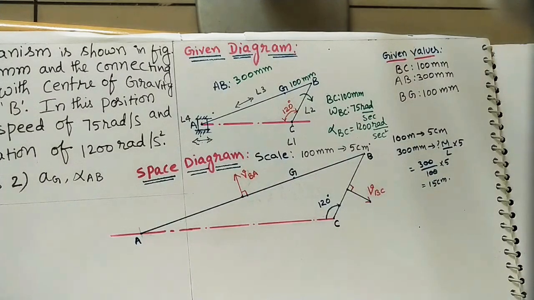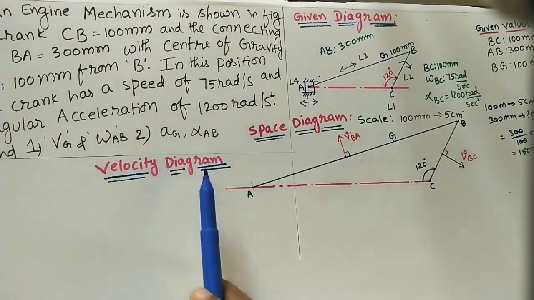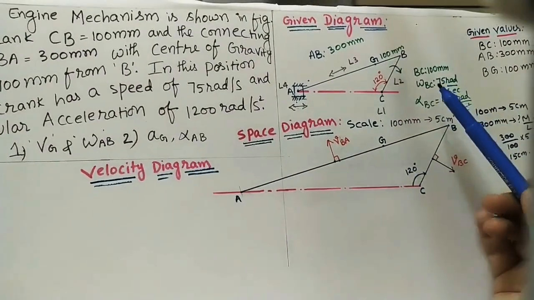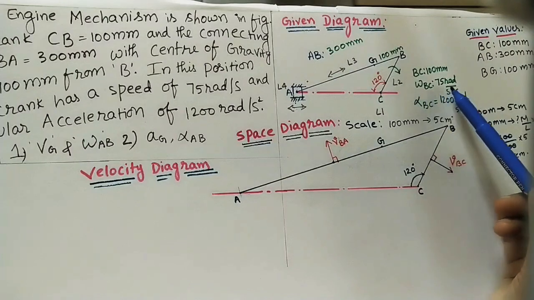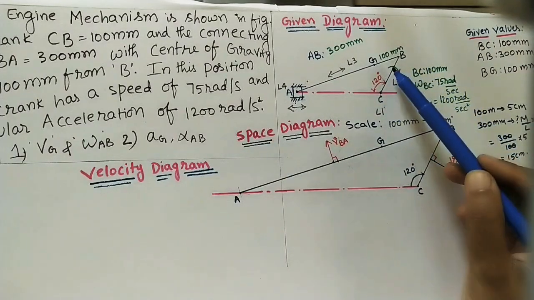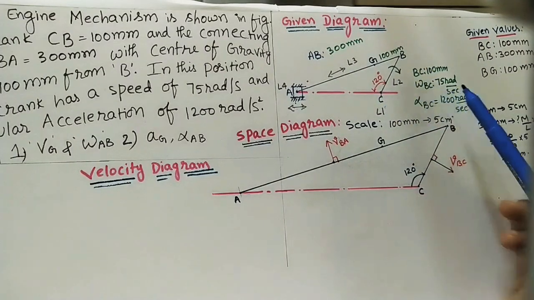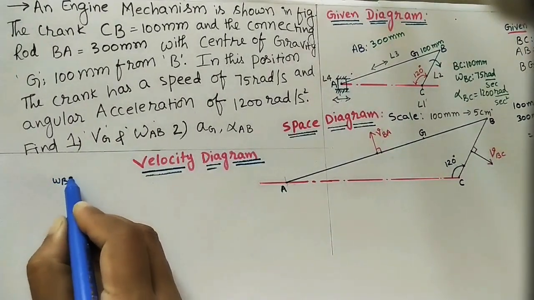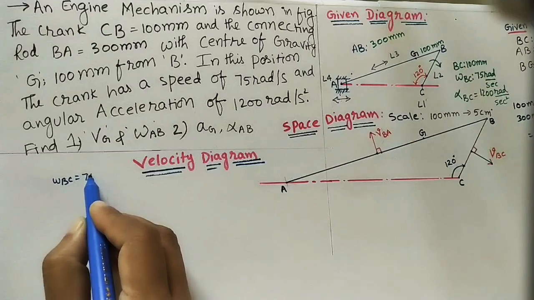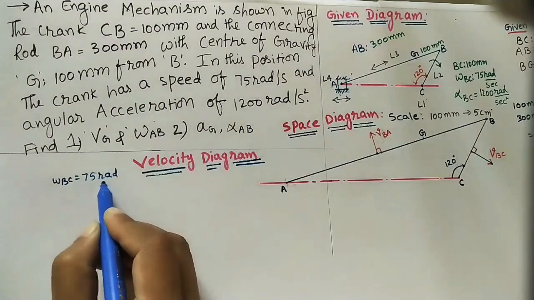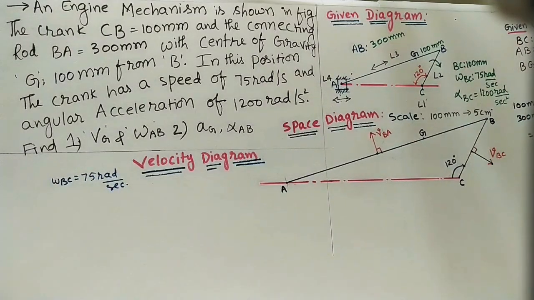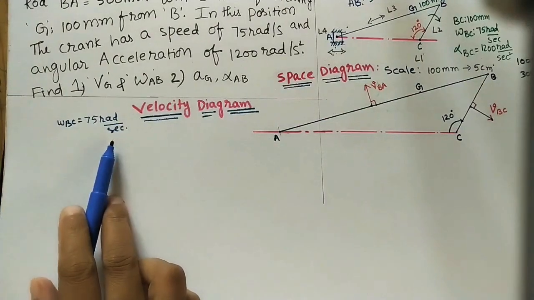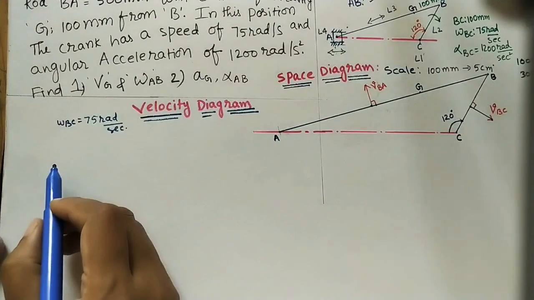Let us do the velocity diagram. Before doing this diagram, first take what is the given data. Any velocity values are given. Here angular velocity of BC is given and it is moving clockwise. So write down whatever values. Omega BC is equal to 75 radians per second. So with this given value we need to find the linear velocity, that is VBC.